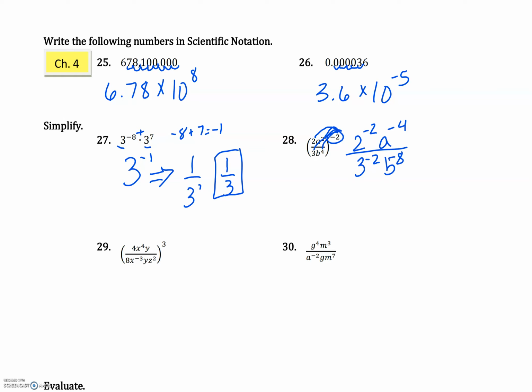Whoops, lost my negative. Everything with a negative exponent, just like on number 27, can switch places. So everything on top is going to come down to the bottom, and everything on the bottom is going to come up to the top. And once they do, they now have positive exponents instead of negative.